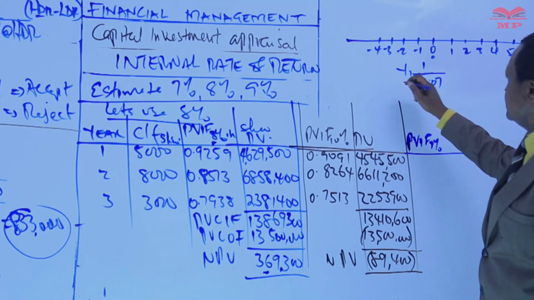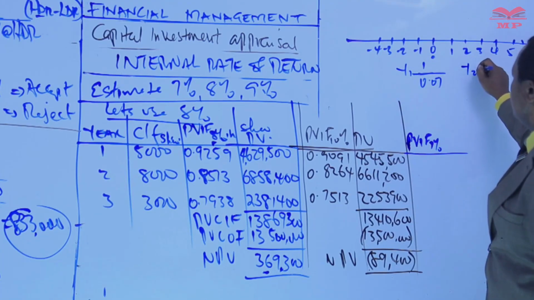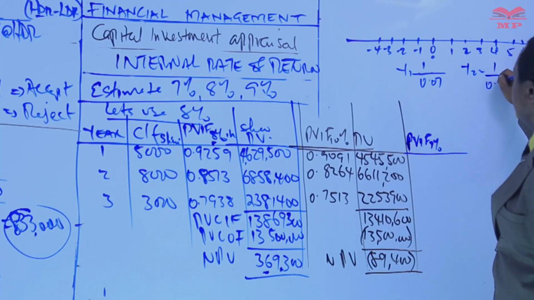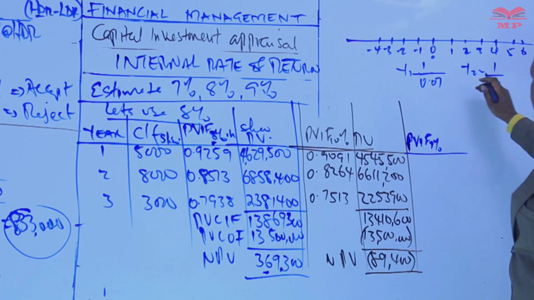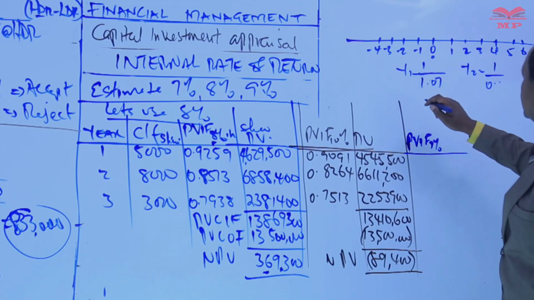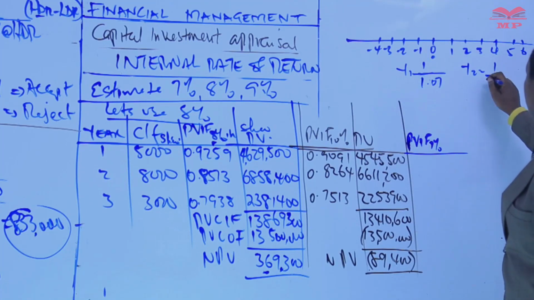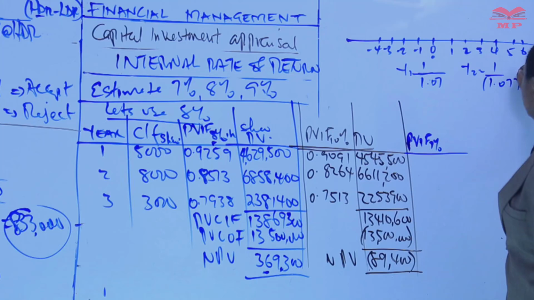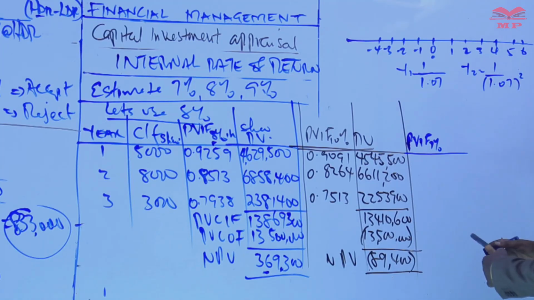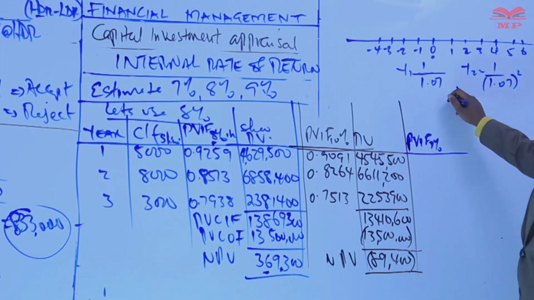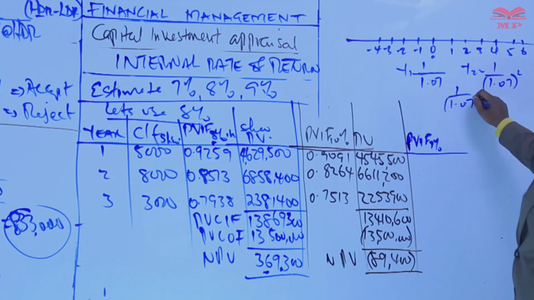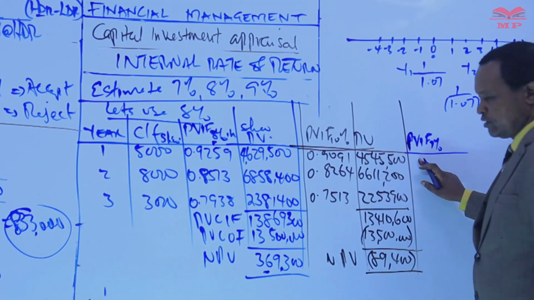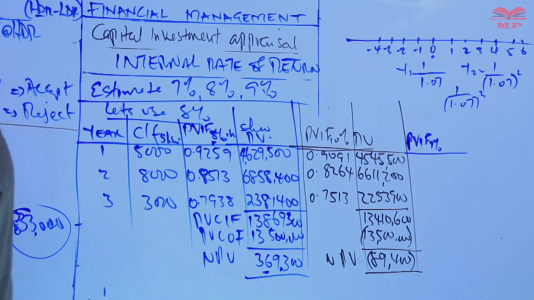Year 2 will be 1 over 1.07 raised to 2. Then year 3, 1 over 1.07 raised to 3. So give me the factors. 1 over 1.07 is 0.9346.